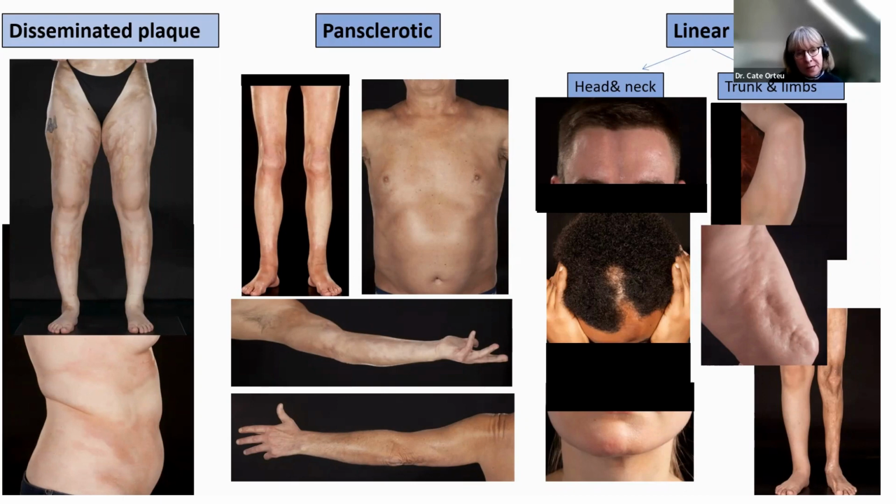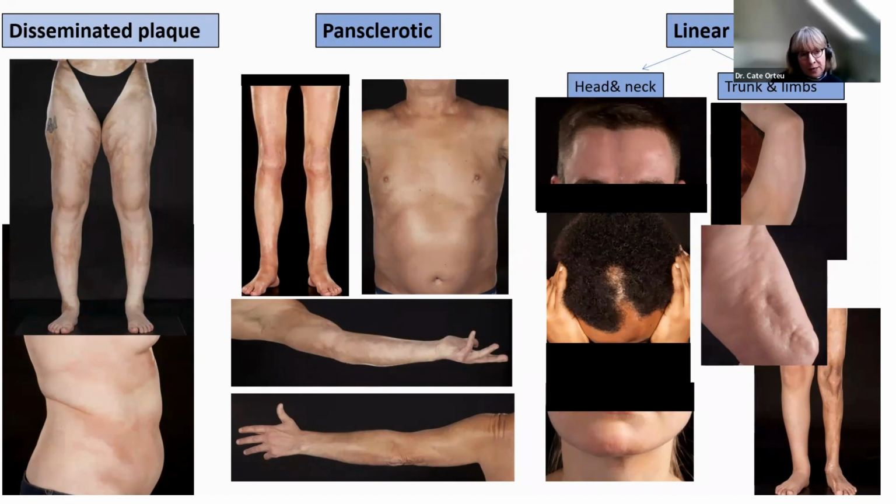Disseminated plaque disease can also be referred to as generalized plaque Morphoea. This is the occurrence of multiple lesions. Patients have 3 or more plaques which may become confluent, and they need to occur at least 2 anatomical sites for it to be classified as generalized or disseminated plaque Morphoea.